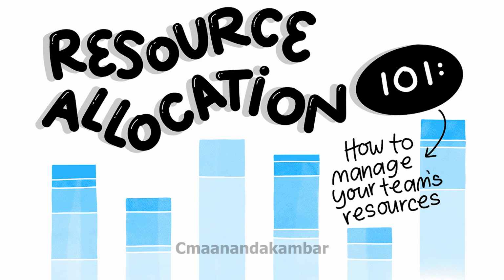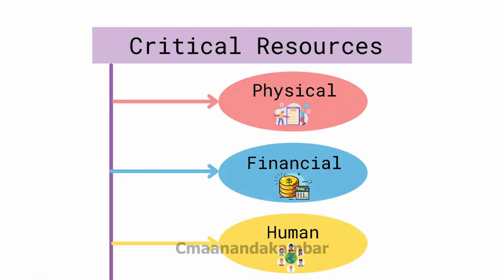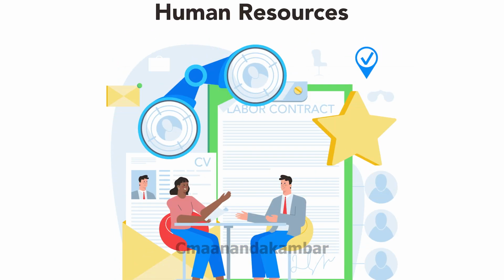Let's get into that. Resources can be broadly categorized into three types. Those are human, financial, and physical. Human resources are the team members, subject matter experts, and stakeholders involved in the project.